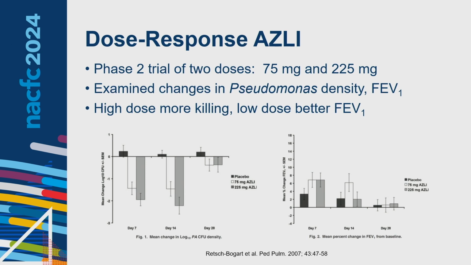So the higher dose seemed to give you more pseudomonal killing, but when you looked at lung function, you actually saw that the lower dose gave you a little bit better persistence in the effects on lung function. So I was not at all involved. I believe you were. My understanding is this caused a lot of consternation among the industry sponsors here as to what to do. And actually the dose that went on and is currently approved is not either of these doses, it's 75 milligrams 3 times a day.